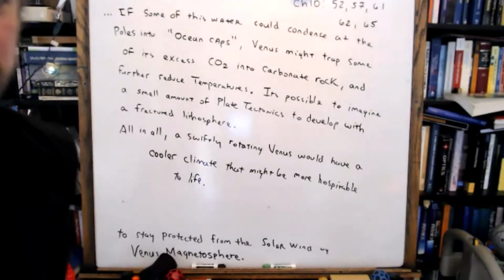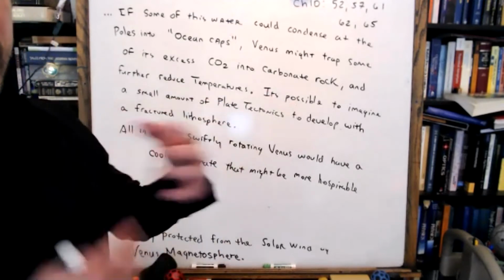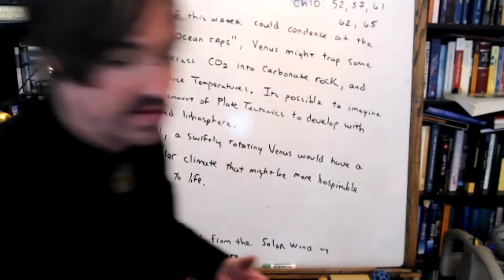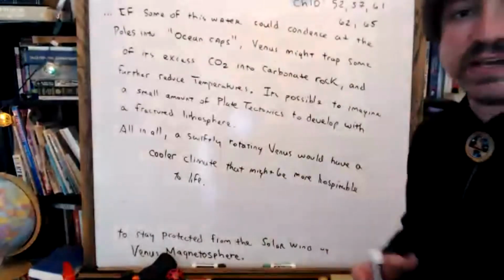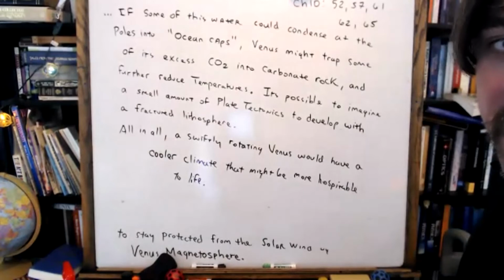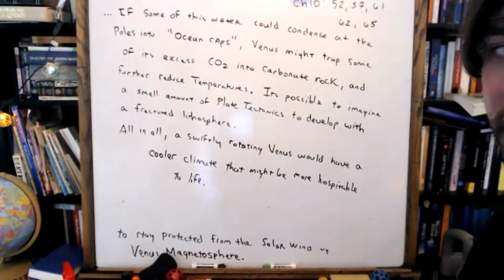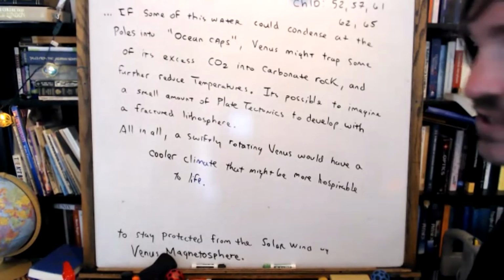Normally when things contract and form, they naturally begin to rotate, which is why planets spin, which is why the solar system spins. It's hard to imagine something contracting and not developing rotation. So something must have really clunked into Venus at some point to slow that thing down. That's the only mechanism I can imagine.